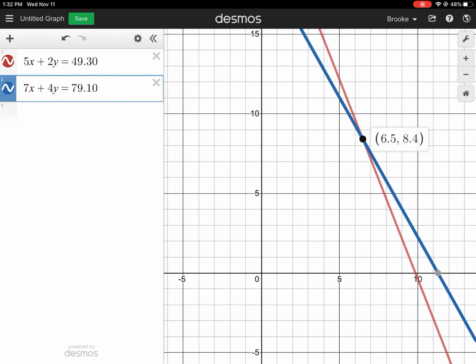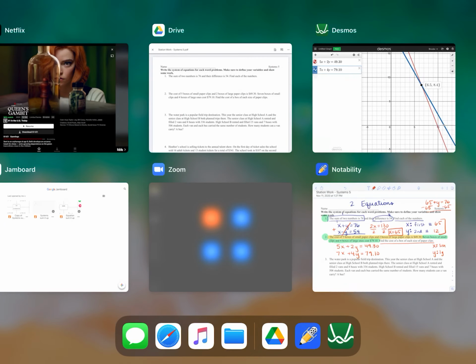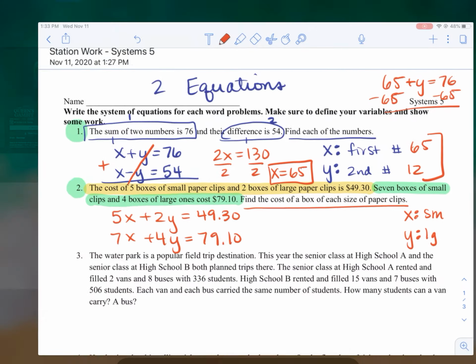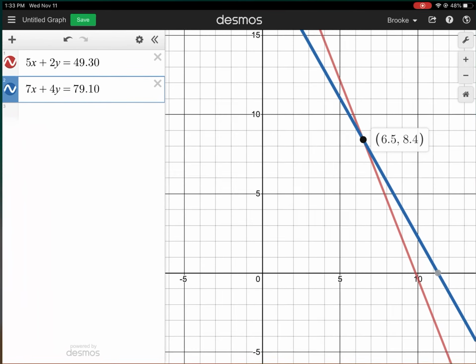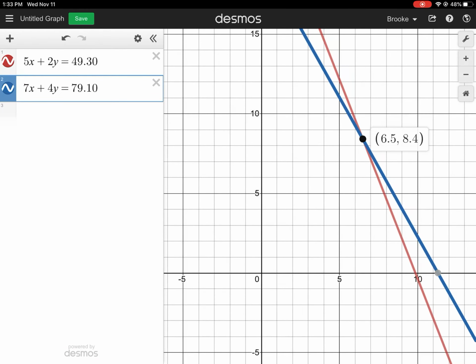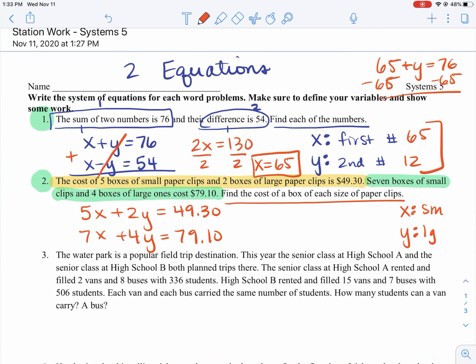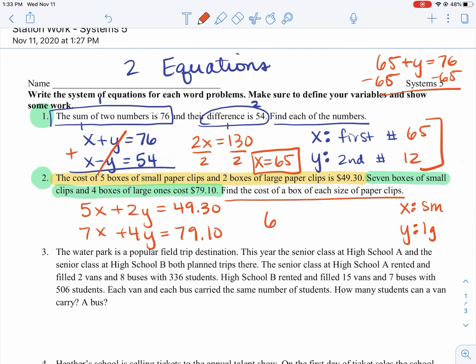So when I do that, I get, did I mess up here? 7x, 5x, nope, okay. That seems odd that they don't come out even, but 5, 2, 49.30, and 7, 4, 79.10, okay. It looks like we're getting 6.5 and 8.4, which is weird, but all right.